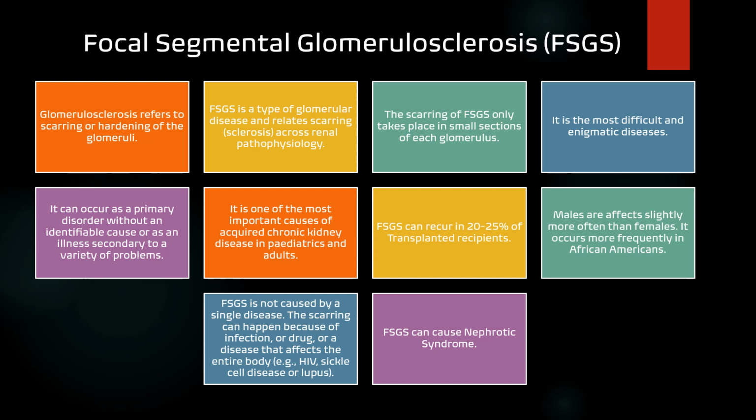The scarring also takes place in small sections or small parts within the glomerulus, and it is perhaps one of the most challenging and enigmatic diseases, at least in relation to nephrology.